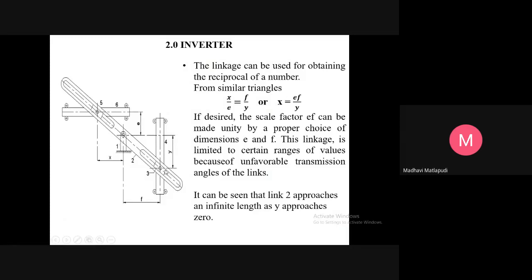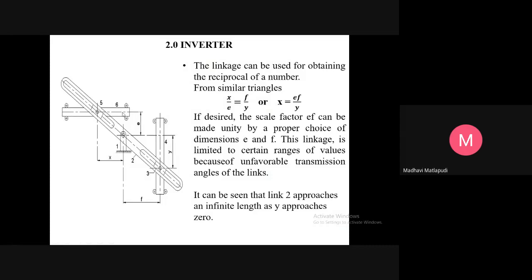Now this particular link 3 will also move on link 4, where link 4 is a ram that can slide up and down on rollers. Similarly, link 6 can also slide over the rollers in horizontal position.